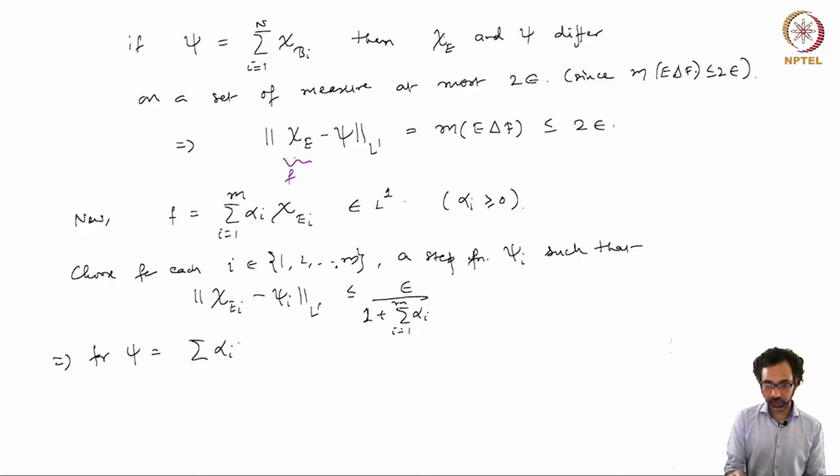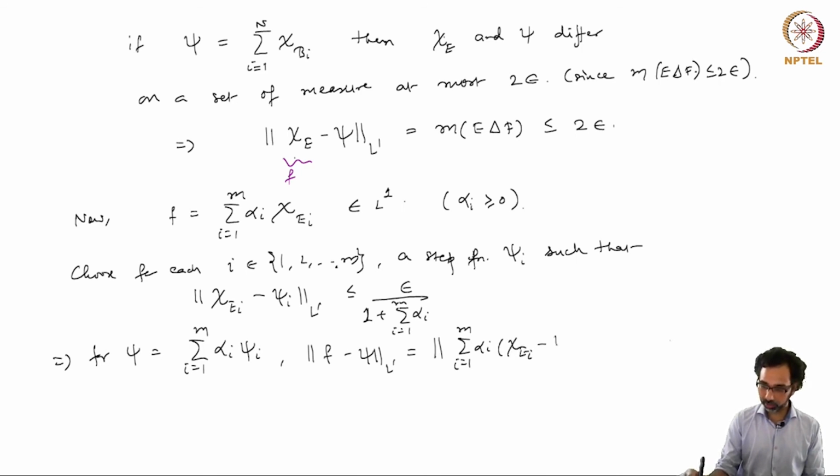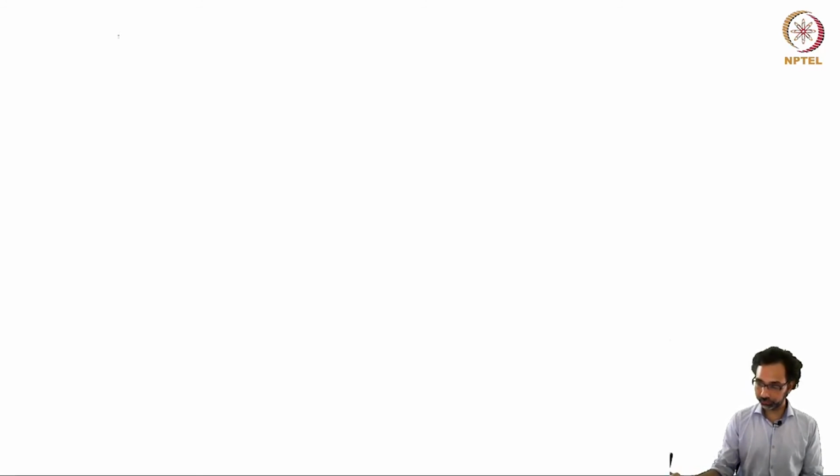that for C equals the sum of alpha i Ci, i equal to 1 to m, the norm of f minus C is equal to the norm of the sum of alpha i times chi Ei minus Ci. So this is by construction, and now we can use the triangle inequality.